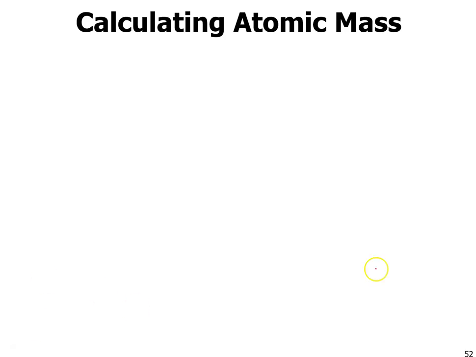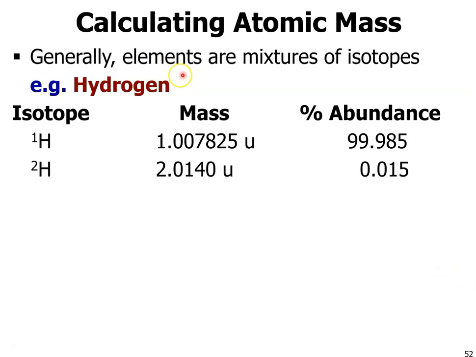When we're looking at these, we are generally thinking about the elements as mixtures of isotopes. An example is hydrogen: we have an isotope with 1 proton and no neutrons, and then another hydrogen with 1 proton and 1 neutron.